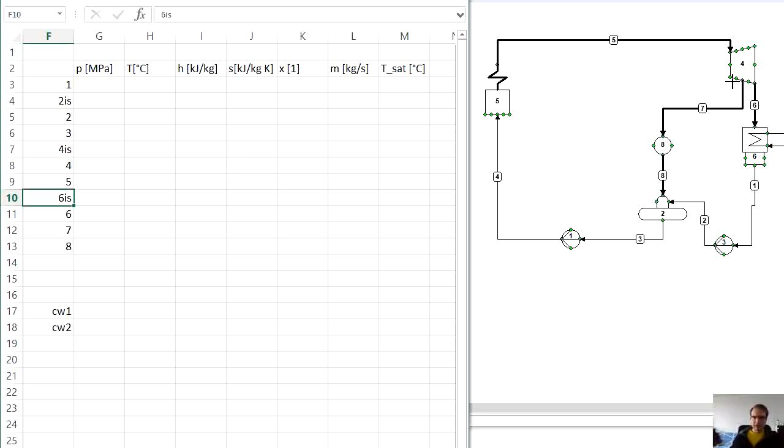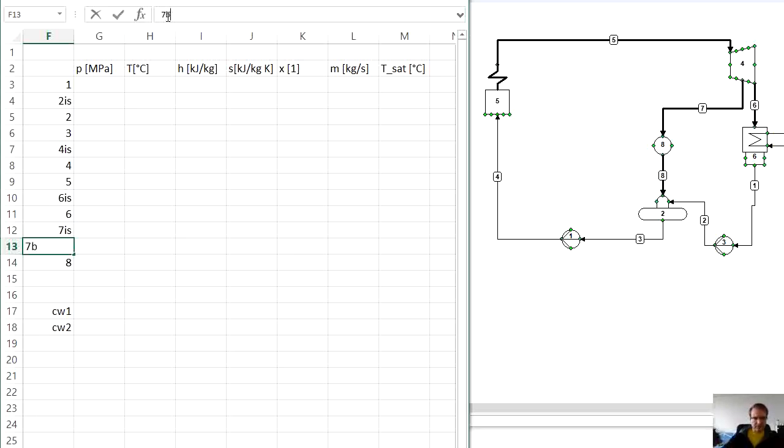Now when you look at the bleed steam, the steam actually also has to expand to this point. So similarly as with the turbine outlet, we will also need an isentropic point for expansion to point number 7. So we will have 7 IS. And then we have point number 7, the bleed.